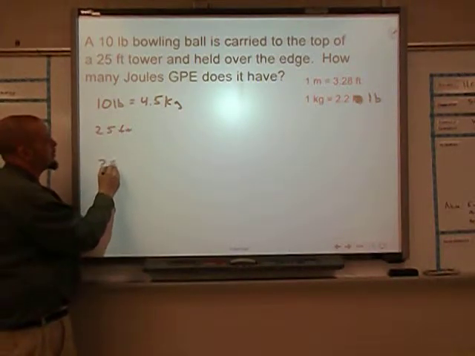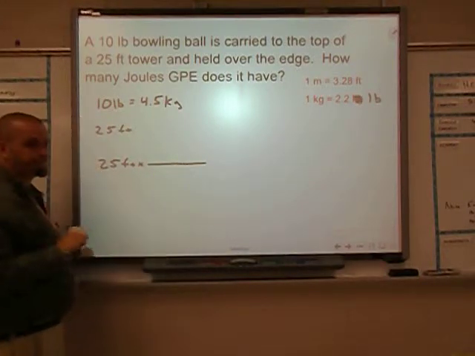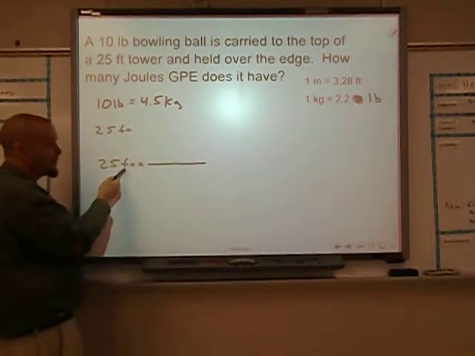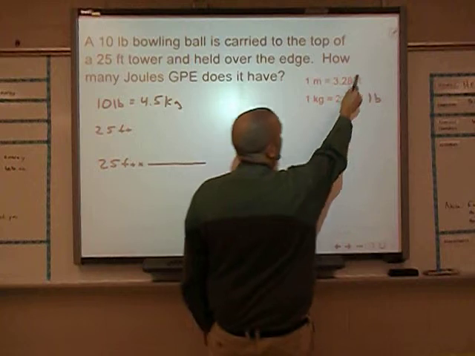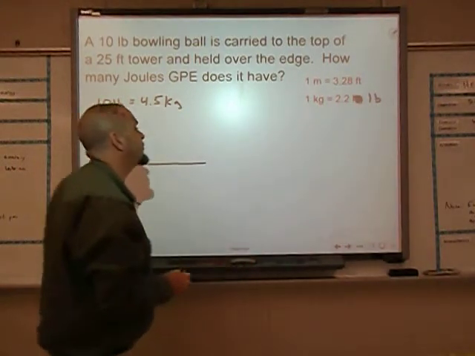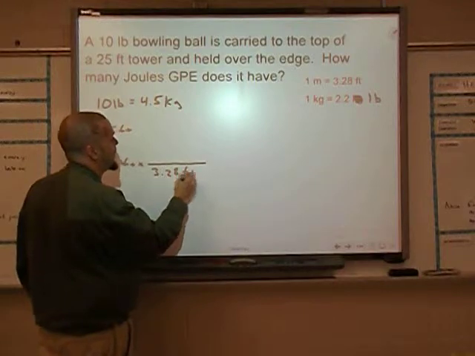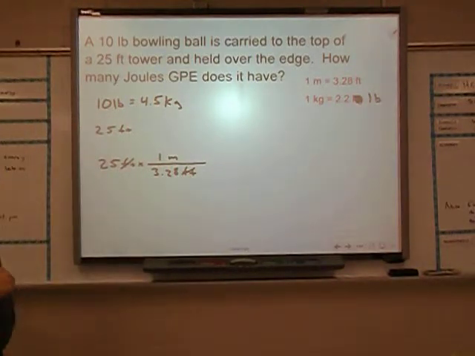Again, we start with the number we're given, times a fraction bar. We look at our equivalents. We have feet as our given, so our feet have to go on the bottom. The 1 meter would go on top, so we can cancel those feet out and get meters, which is the unit that we want.